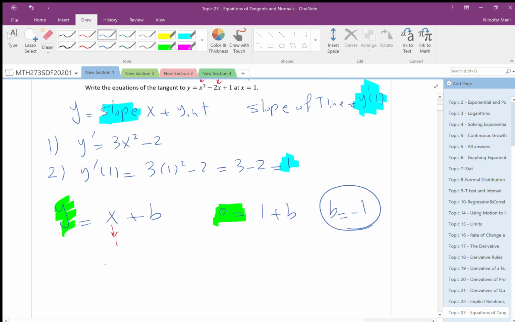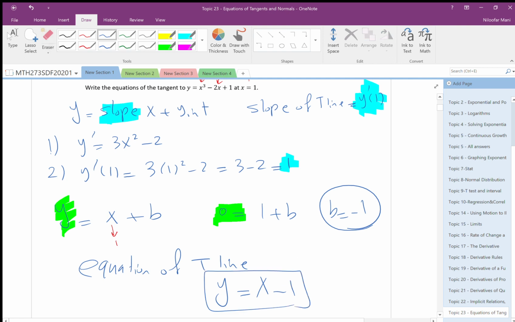Equation of tangent line is y equal, what's that? Slope. Yes, slope is 1. So x plus, oh sorry, x minus 1.